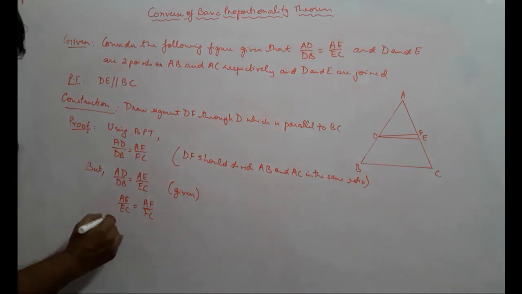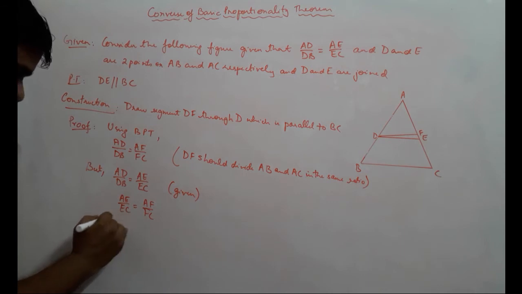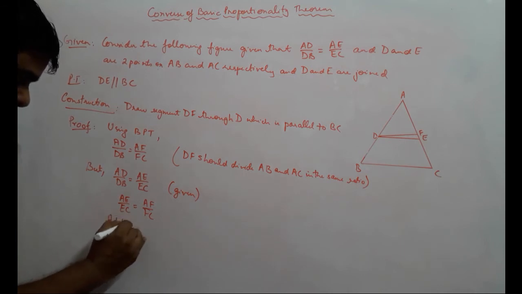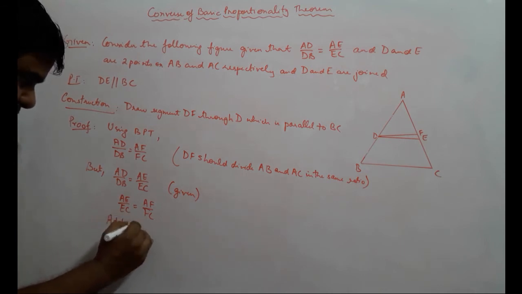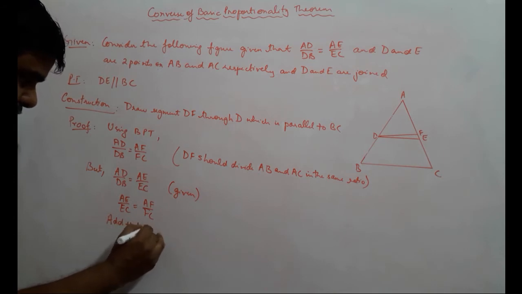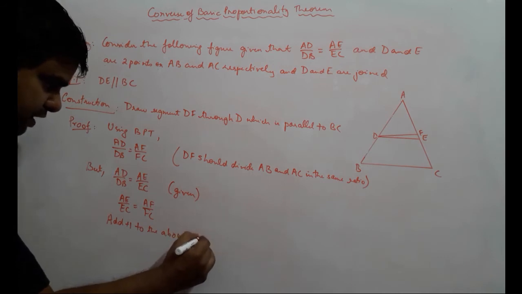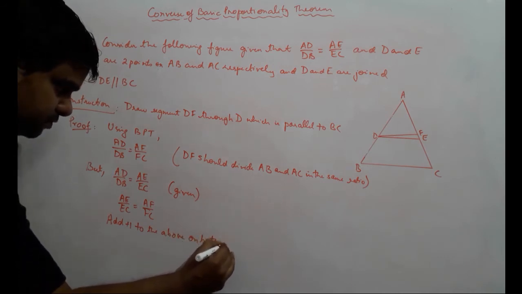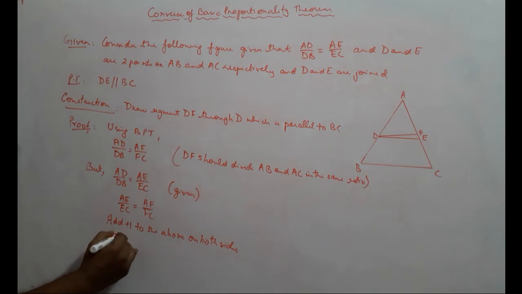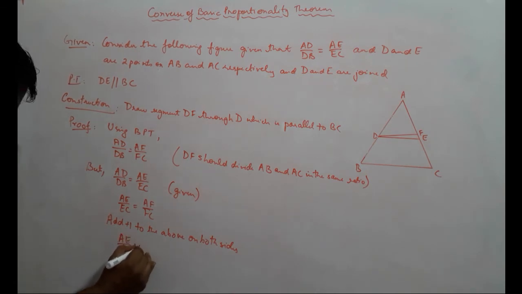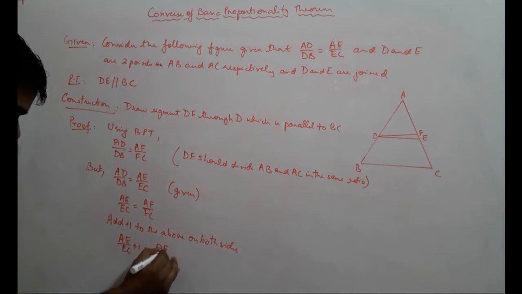Next, we'll add 1 on both sides. What we'll get is AE upon EC plus 1 equal to AF upon FC plus 1.